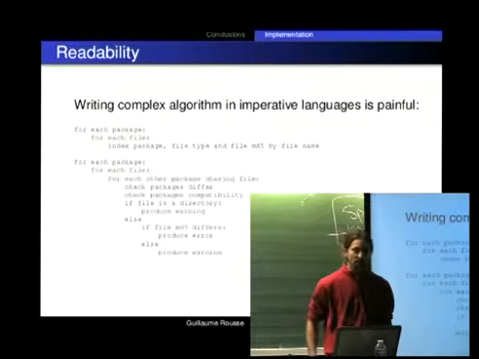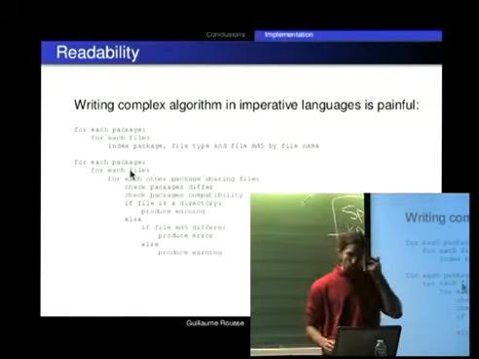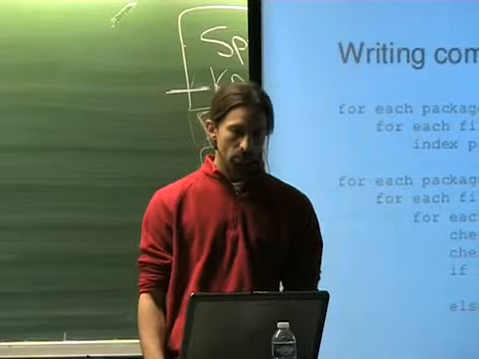In order to check if you have conflicts, you have to read all your packages, for all packages get all your files, and for each file index various metrics about your file, such as the name, the MD5 sum, and so on. And then you have to run your comparison algorithms, which is described here in pseudocode. Yes, it's not very readable, and some languages are better suited for this kind of stuff.